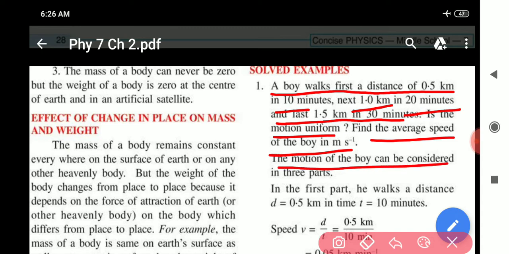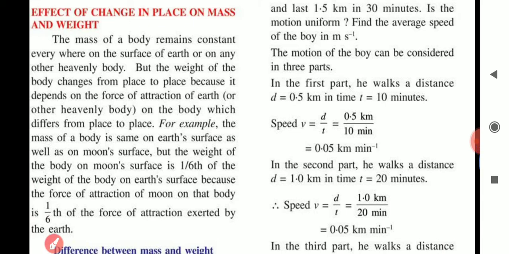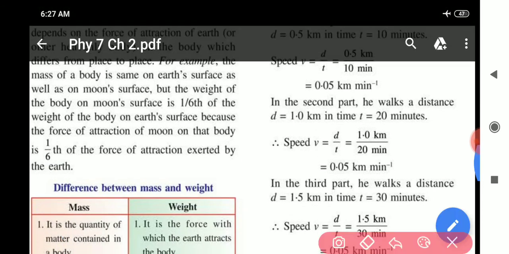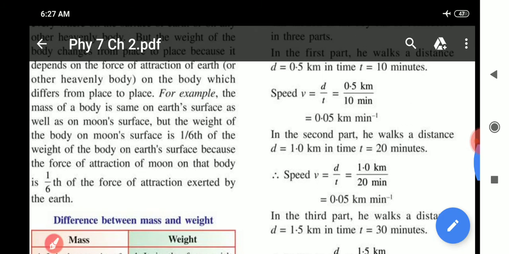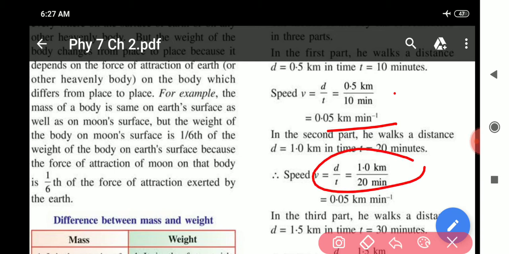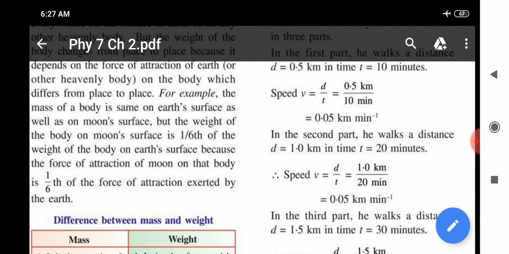The motion of the boy can be considered in three parts. In the first part, distance d is 0.5 km, time is 10 minutes. So how to calculate speed? Distance upon time. 0.5 upon 10 is 0.05 km per minute. In the second part, 1 kilometer in 20 minutes, so speed equals 0.05 km per minute.